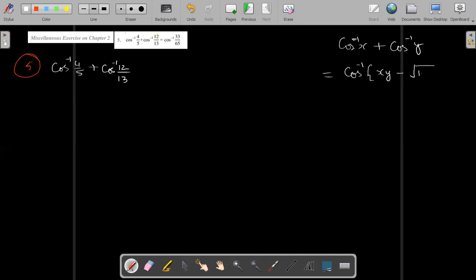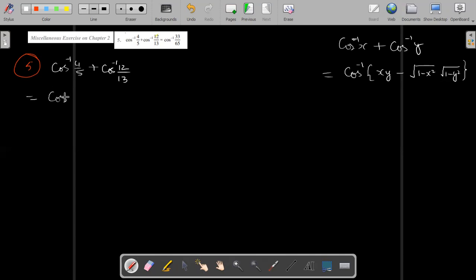That's why root terms will come together. If x is in the root term, then y will not be in the root term in the first term, and the second term is like that only. So cos inverse x plus cos inverse y is xy minus under root of (1 minus x square) into (1 minus y square). This formula you have to apply here.